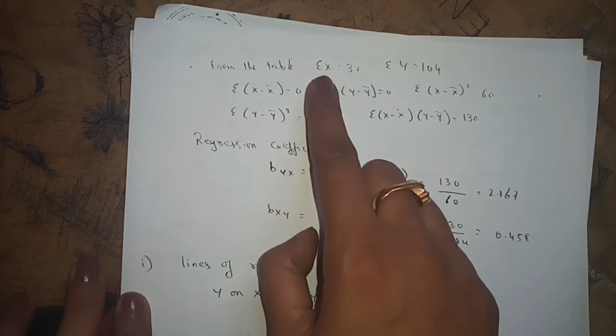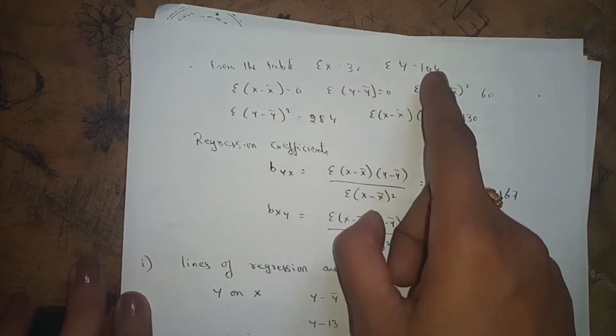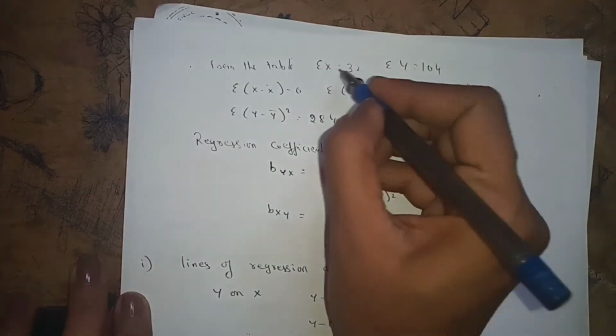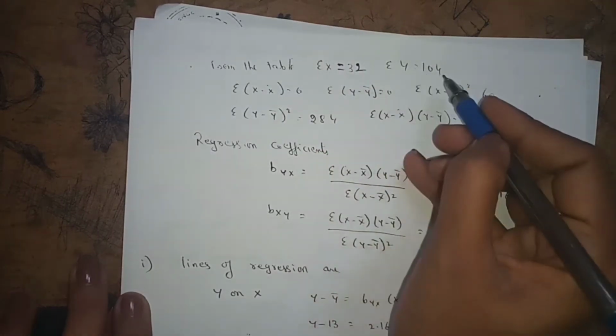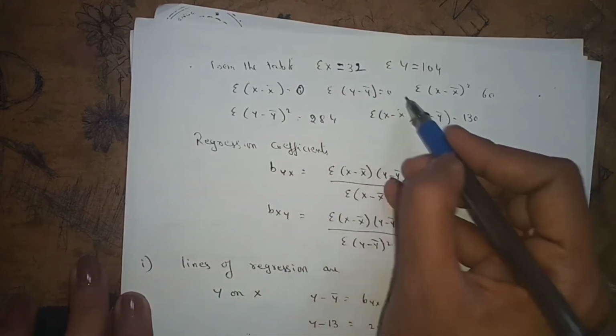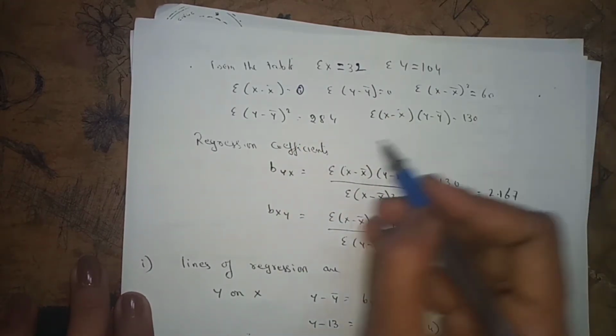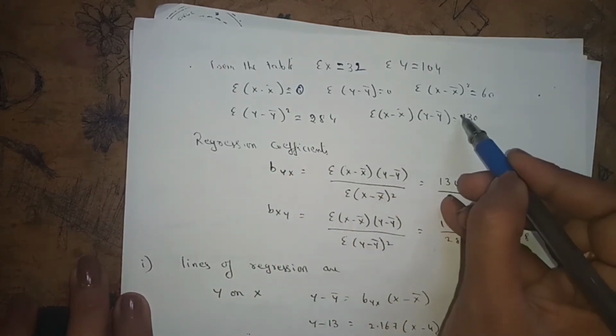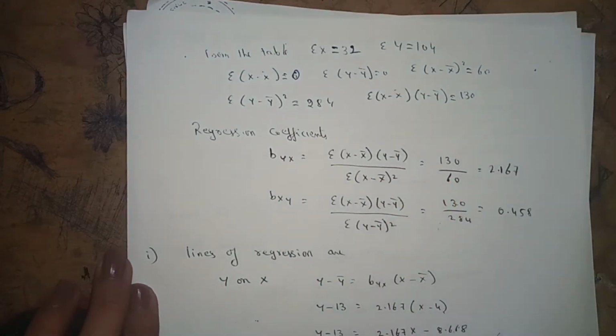From the above table, sigma x is equal to 32, sigma y is equal to 104, sigma x minus x bar is 0, sigma y minus y bar is 0, sigma x minus x bar whole square is equal to 60, sigma y minus y bar whole square is equal to 284, and sigma x minus x bar into y minus y bar is equal to 130. Like this we have got.